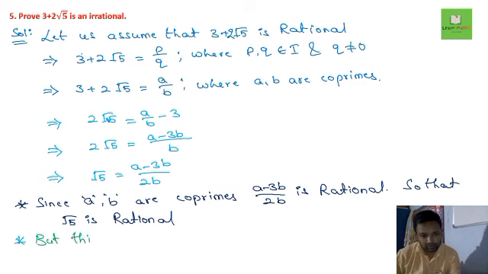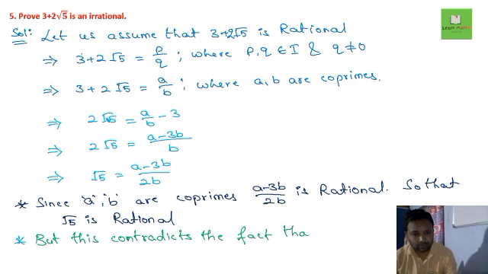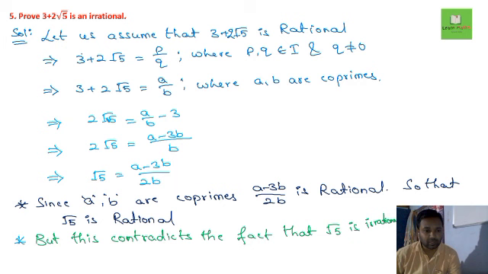Root 5 is irrational. Therefore, our assumption is false.